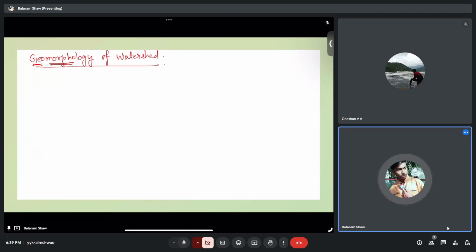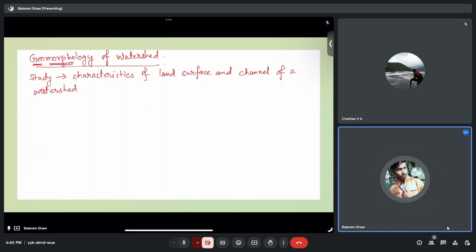So in this we'll study the characteristics of the land surface and the channel characteristics of a watershed, and that is why we call this the geomorphology of the watershed, right?